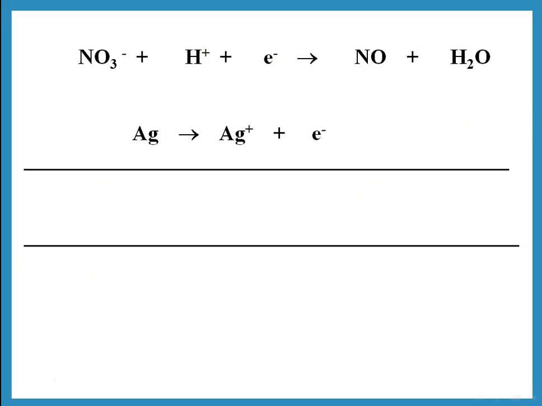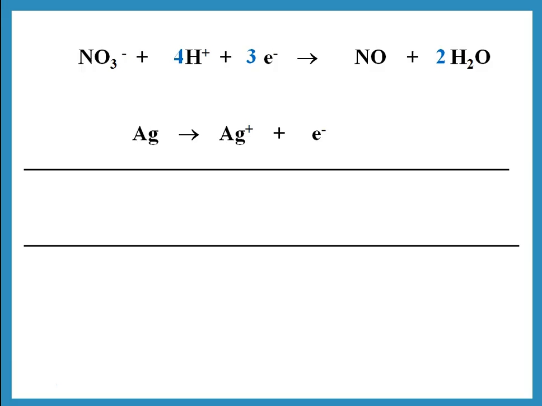Okay. This one again, 1 nitrogen, 1 nitrogen. I have 3 oxygens after the arrow. I already have 1 on the NO, so I put 2 for the water. That means I have 4 hydrogens, 4 H pluses. Now 4 H pluses, and I already have a negative on the NO3, so that is 3 H plus, so I need 3 electrons to balance.